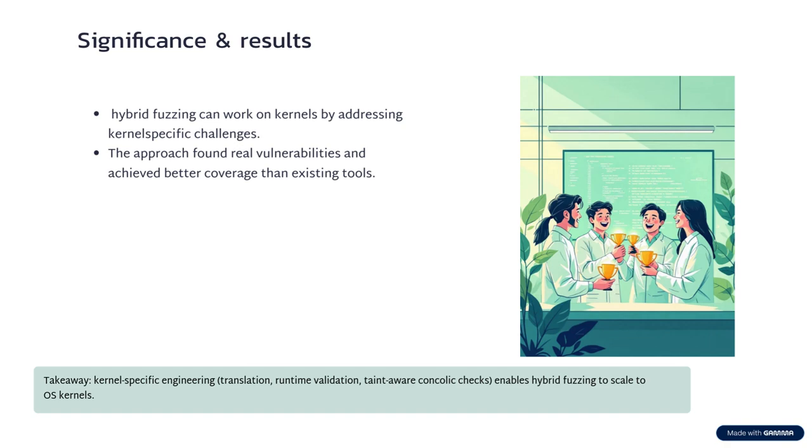Code coverage means the percentage of code that was executed during testing. That was higher, and more of the kernel's logic was explored, which was the goal. More exploration in this context means there's more chance of discovering those bugs.